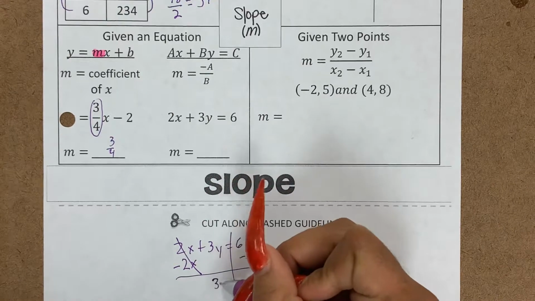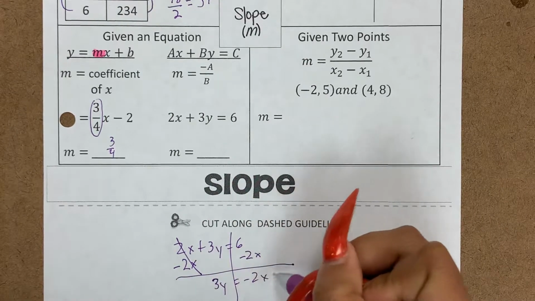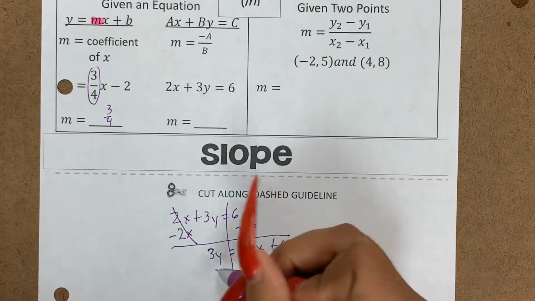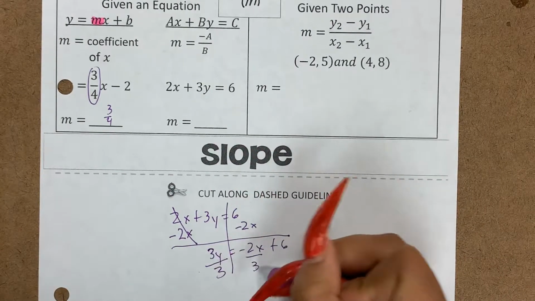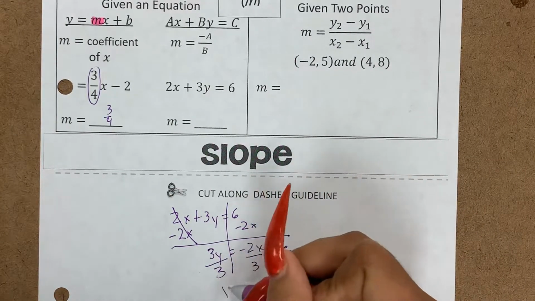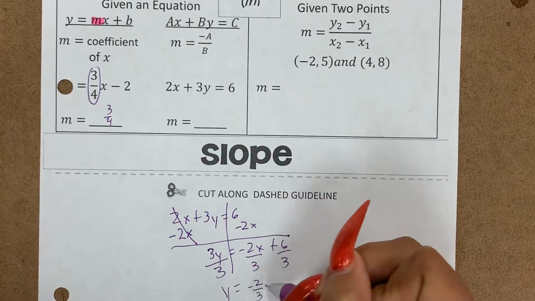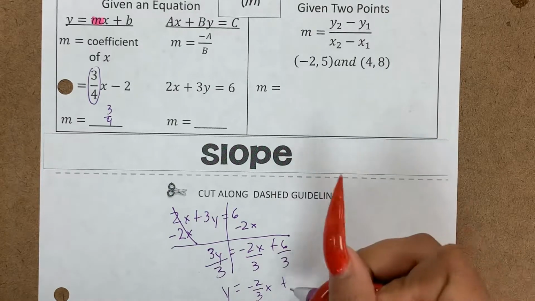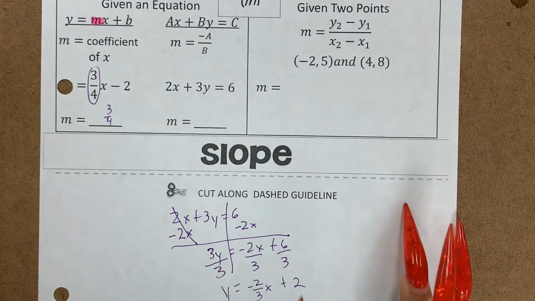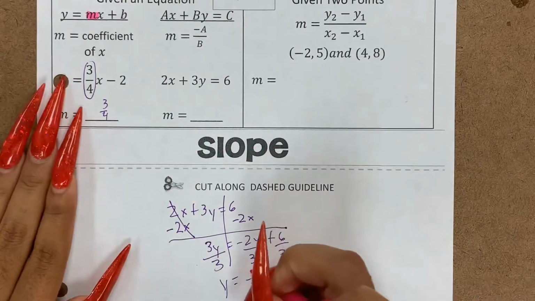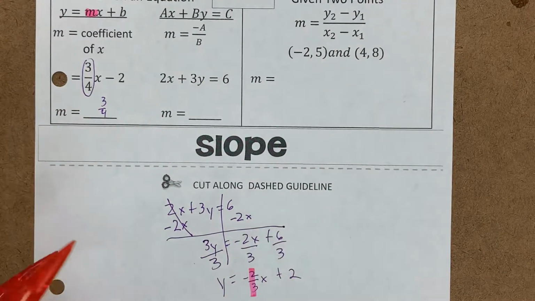Copy everything down. And then divide by the number in front of y. So you get y equals negative 2/3 x plus 2. So the slope is negative 2/3.